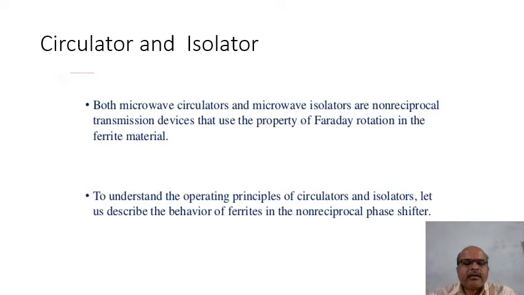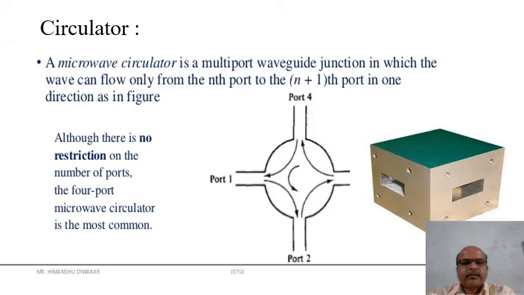Circulator and isolator. Both microcirculators and microisolators are non-reciprocal transmission devices that use the property of Faraday rotation in the ferrite material. To understand the operating principle of circulator and isolator, let us describe the behavior of ferrite in a non-reciprocal phase shifter. First we will consider a circulator.